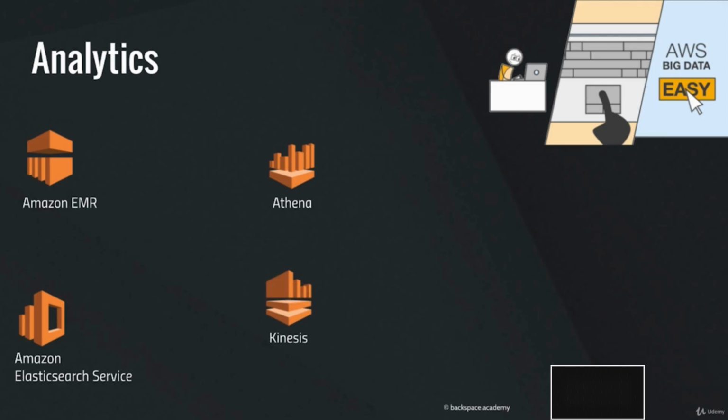Amazon Kinesis allows you to collect, process, and analyse real-time streaming data. Amazon QuickSight is a business intelligence reporting tool similar to Tableau, or if you're a Java programmer, similar to BIRT, and is fully managed by AWS.